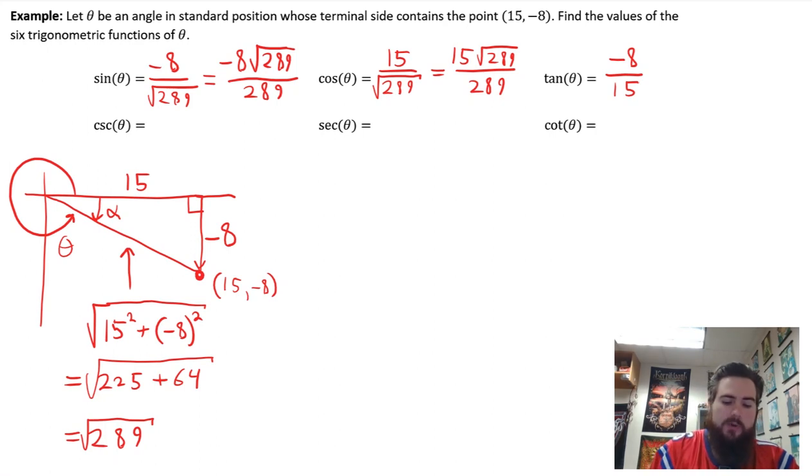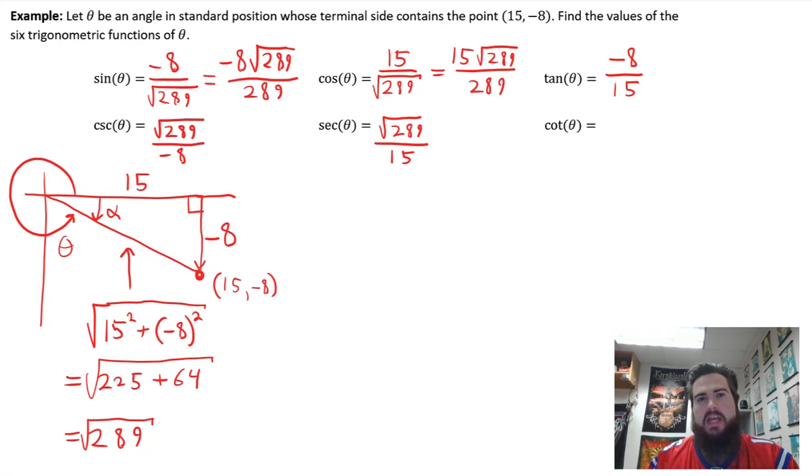So, for example, cosecant would simply be the reciprocal of -8 over square root of 289, or square root of 289 over -8. Secant would be the reciprocal of cosine, so that will be the square root of 289 over 15. And cotangent is the reciprocal of tangent, so that is 15 over -8.